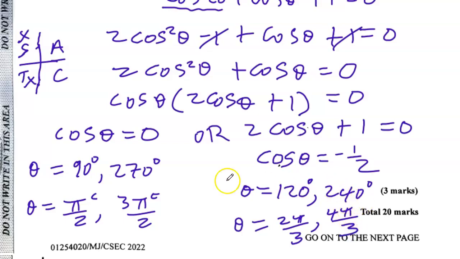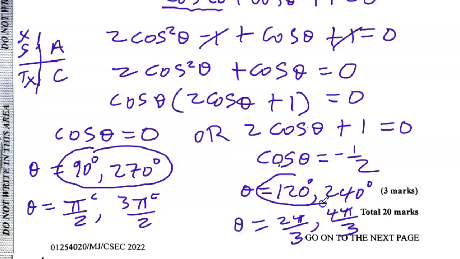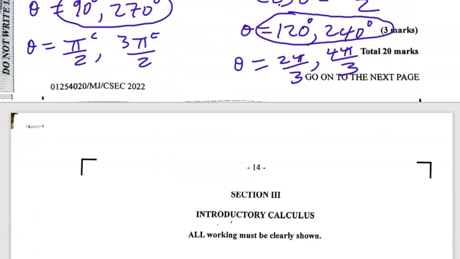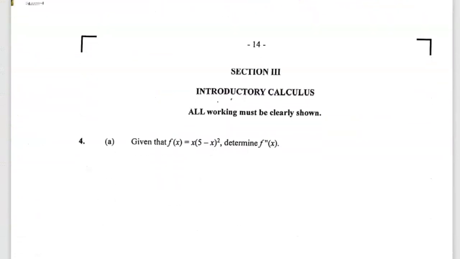So it depends: if the angle is in radians, then this would work. And if you want the angle in degrees, then it's 90, 270, 120, 240. Either form of the solution could work. Let's move on. So move on to question 4 now.